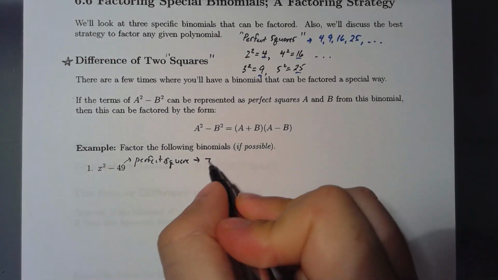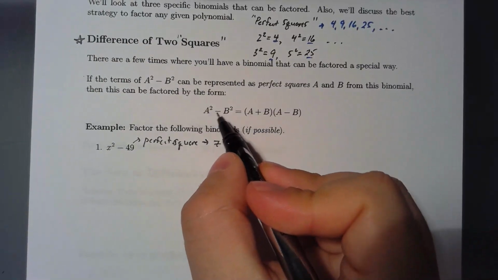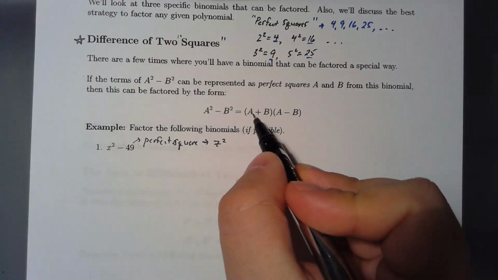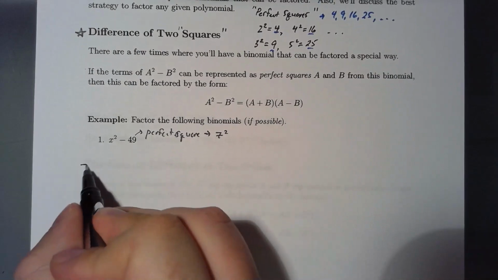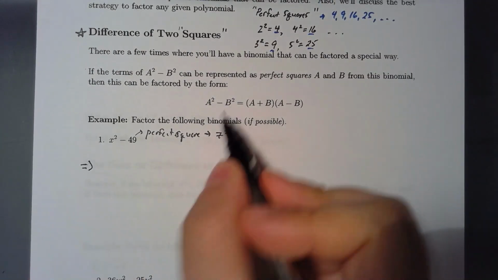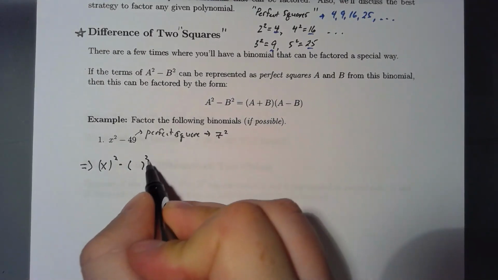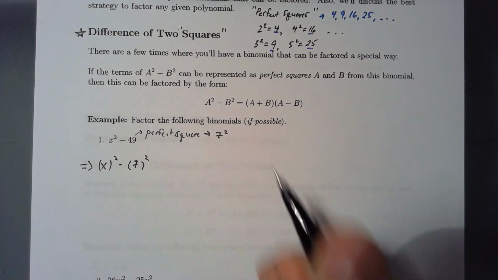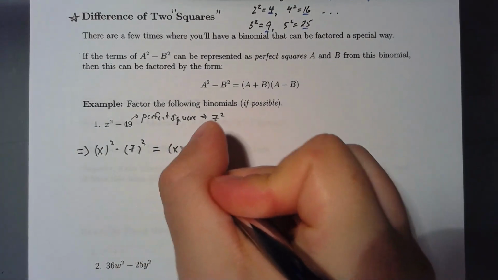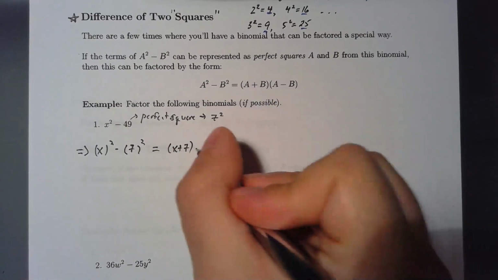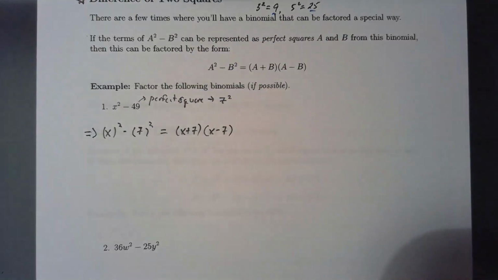That's the number 7 squared. So I have x squared minus 7 squared, which can be written as x plus 7 and x minus 7. That's it.